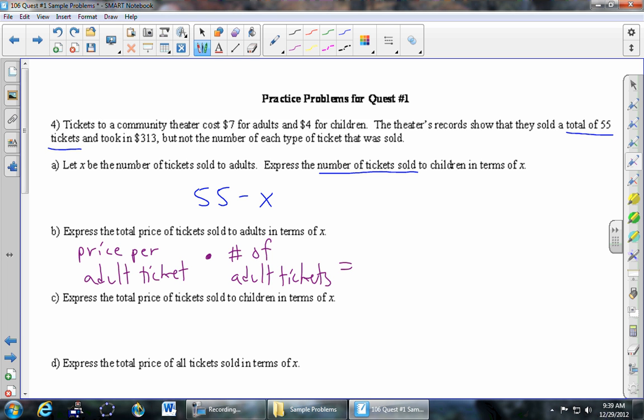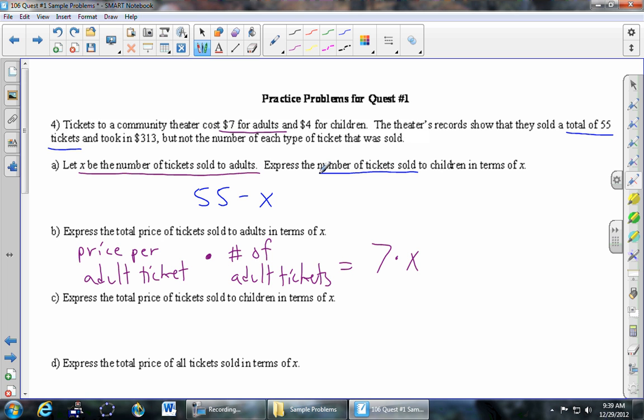If we multiply those two things, that'll tell me how much money came into the community theater from the adult tickets. So the price per adult ticket is in the problem, $7 for adults. So we're going to multiply 7 times the number of adult tickets, which was called X in the first part of this problem. So 7X is going to be the total money coming into the theater from sales of adult tickets.